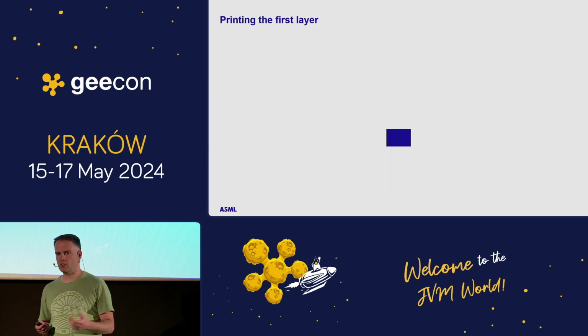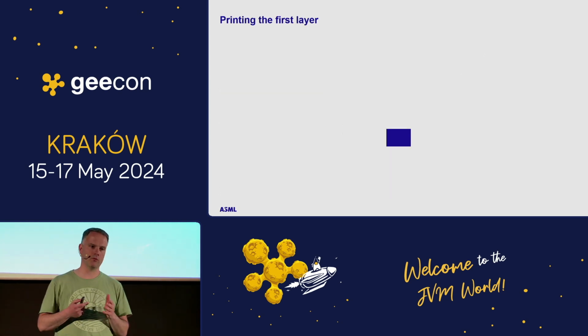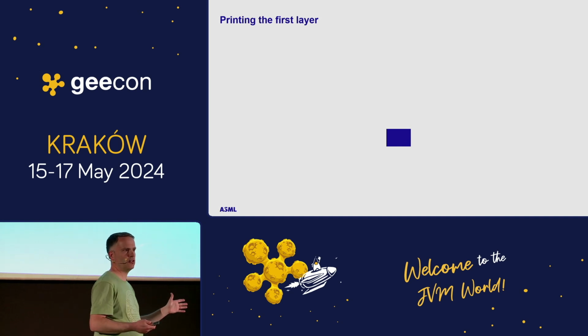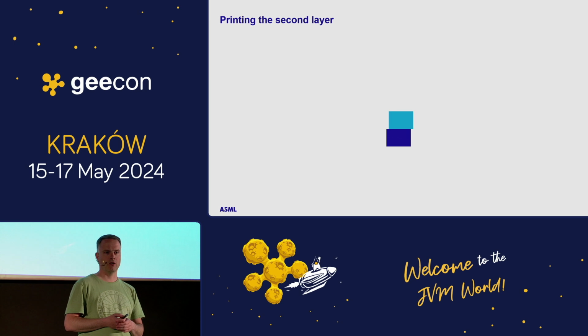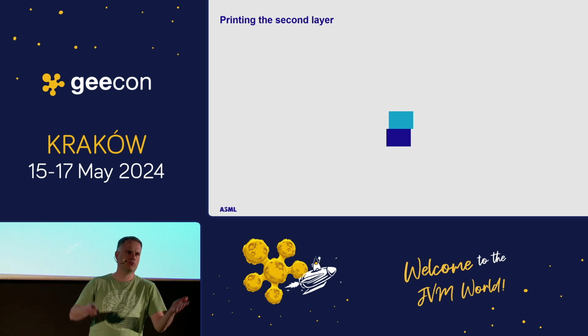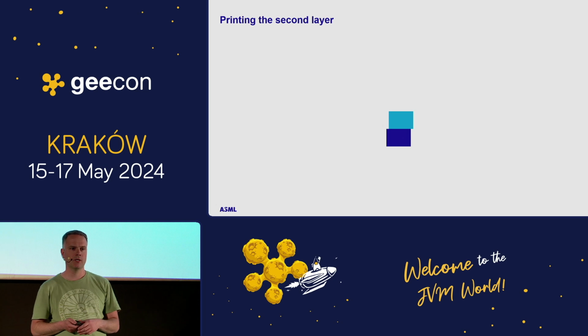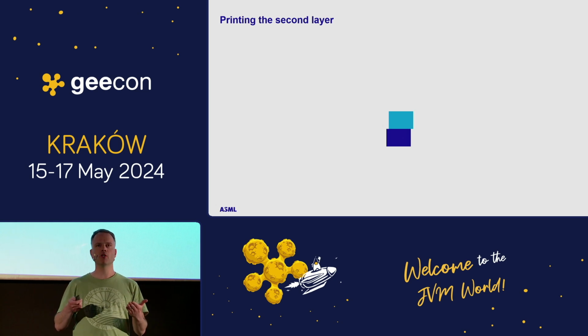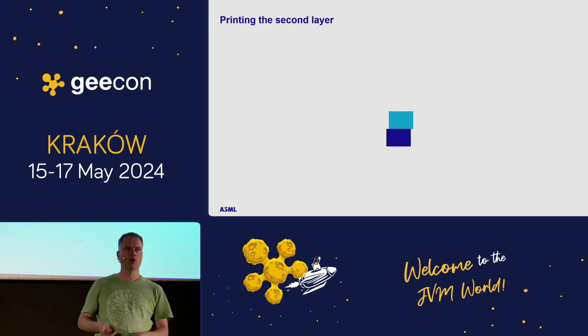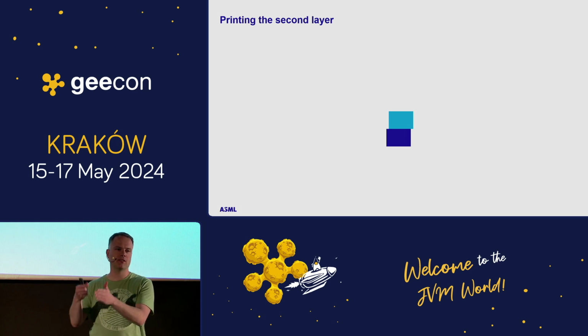But still, things can go wrong, as you can expect at these really small levels of detail. So let's imagine we print one layer of these chips, and then we print another layer. You probably notice it's slightly off. It's not really what we want, but still, blocks are on top of each other. But we would like to know this, because then we could maybe correct it and make sure that the next layer is maybe a little bit to the left again. Or if the next wafer is being processed, that this line is already nicely on top of the previous line.